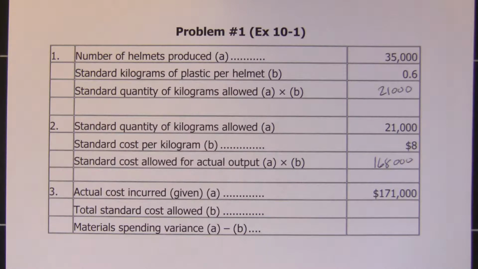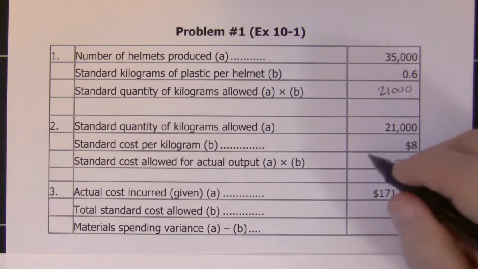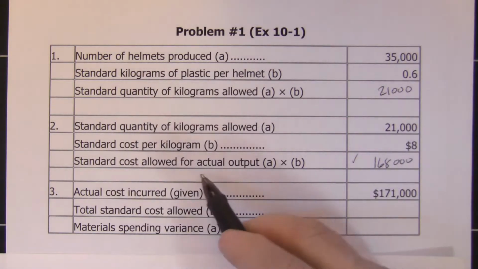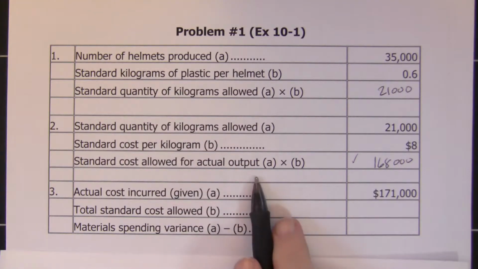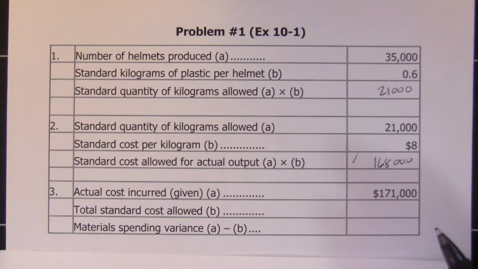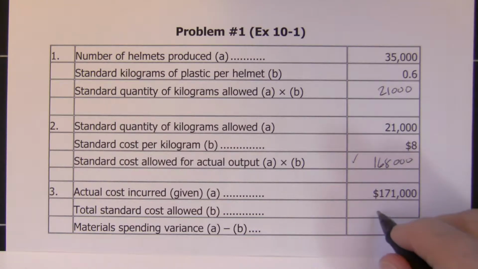And then they say, what is the standard cost allowed? Well, the standard cost allowed is this: standard cost allowed for actual input. Okay, so that's 168,000.